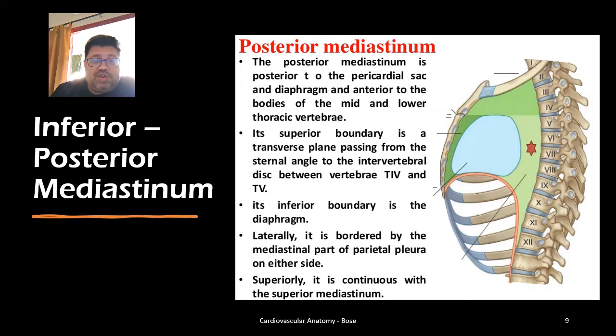The posterior mediastinum contains the descending aorta, the thoracic portion of the esophagus, the posterior intercostal arteries and veins, the middle esophageal arteries and veins, the azygous vein, the hemiazygous vein, and the accessory hemiazygous veins.